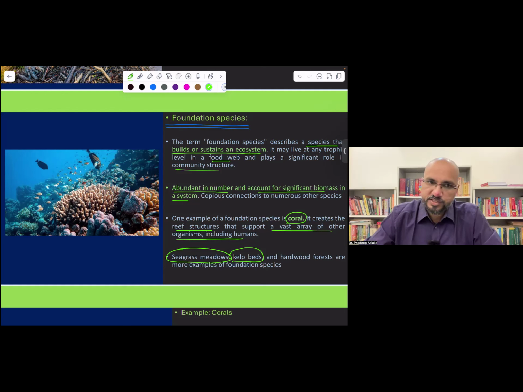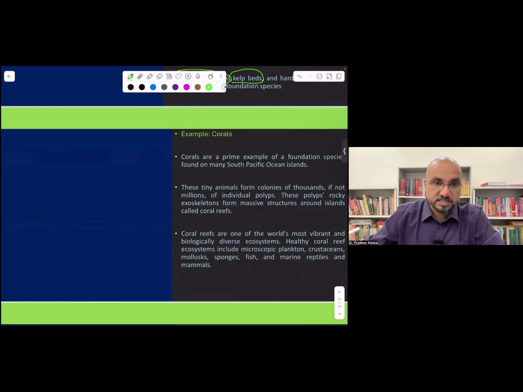They are all foundation species. They contribute significantly to the biomass of the ecosystem. Many other species depend directly on this species, so that is why they are called foundation. The main point is biomass, the flow of energy within the ecosystem depends upon this foundation species.